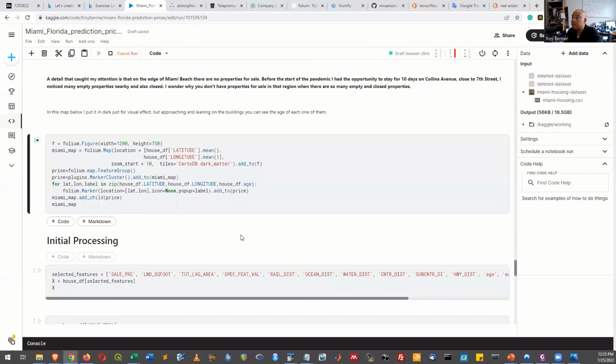So here we have another cluster map, looking at features. It's a cluster map, looking at prices and age.